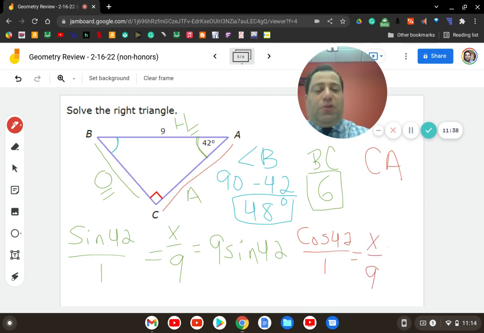And when I cross multiply, I'm going to get 9 cosine of 42. Putting that into my calculator, I am going to get 6.68, which would be 6.7. All three sides have been found. Here, you try one.